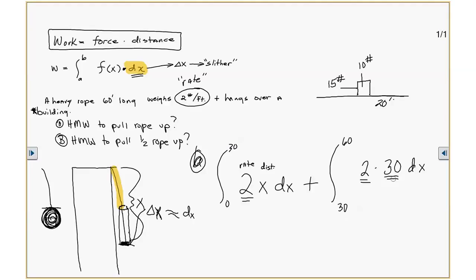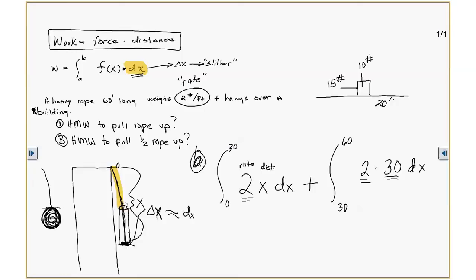So, now what about from 30 to 60? Well, you've got to remember, when you're pulling, the rope is hanging off the building, right? So at this point, it's 0 feet. If you haven't pulled anything up, how much rope have you pulled up? None. 0.